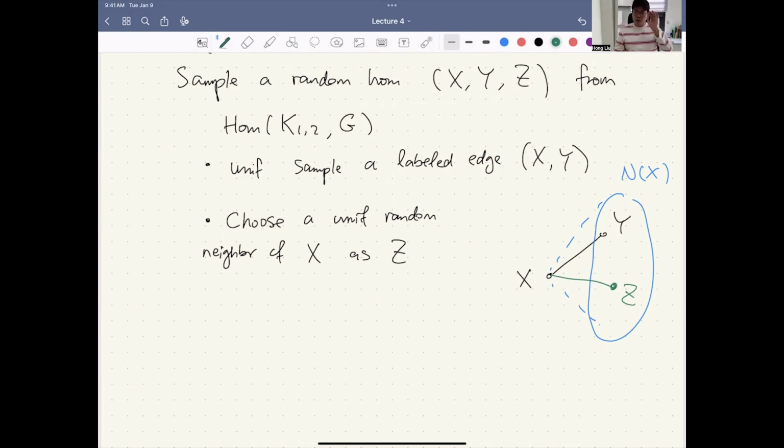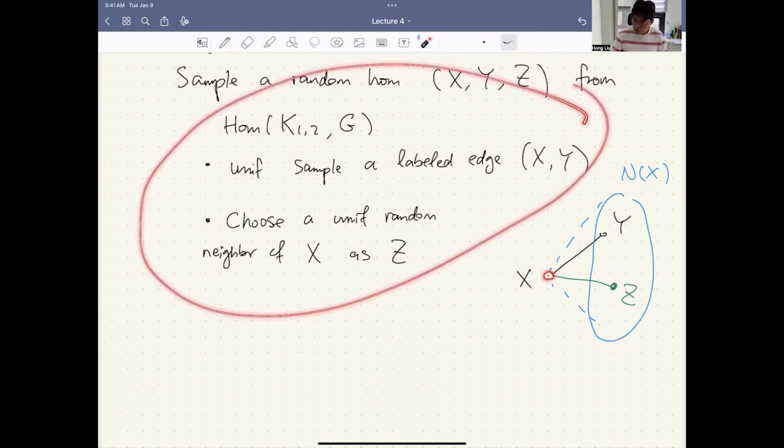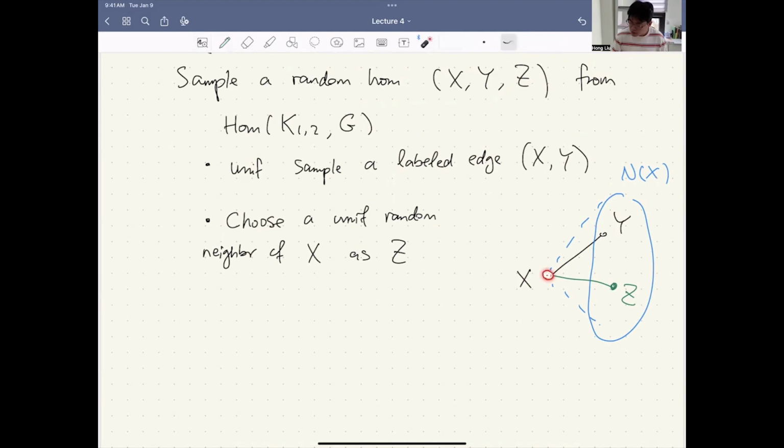The key observation here is that, conditioning on x being fixed, this random distribution makes y and z identically distributed.